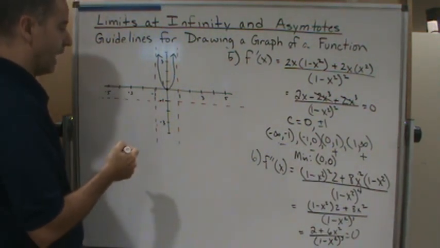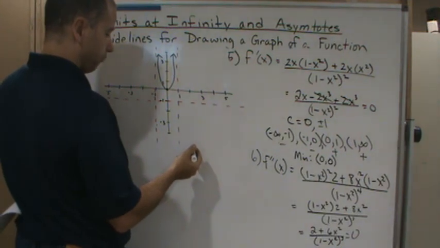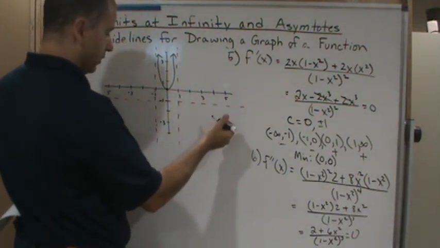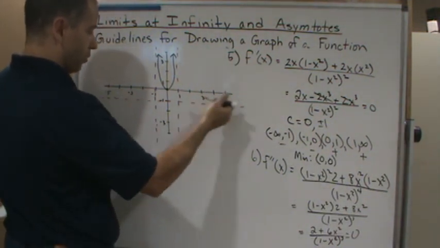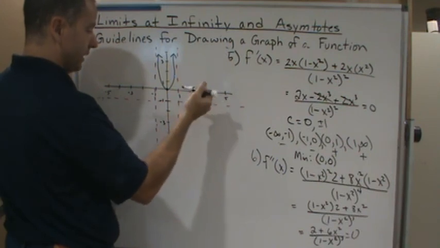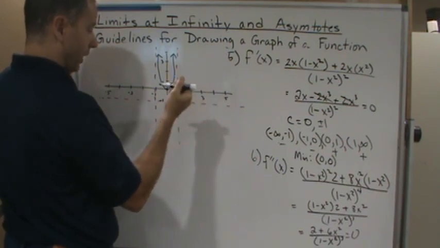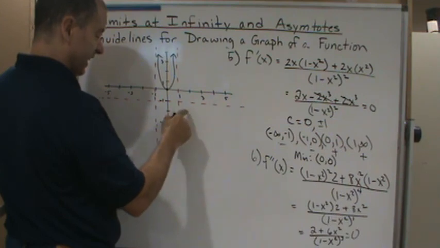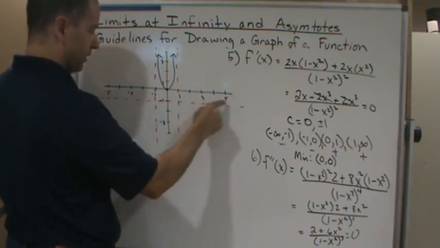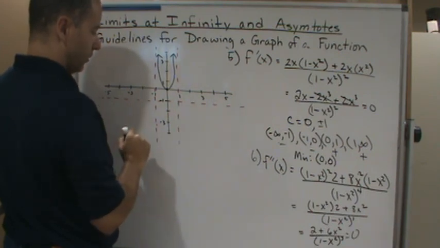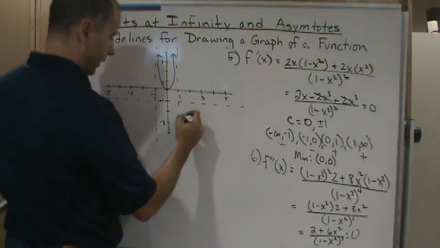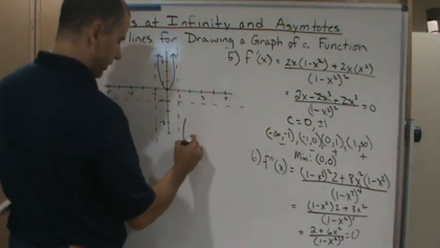We know that it's concave down, and as we go towards 1 from this direction, it's going to -infinity. Well, if it's going to -infinity, it's got to be down here. Because it can't cross, as we've already shown, it does not cross the horizontal axis. So guess what? We know it's doing this.